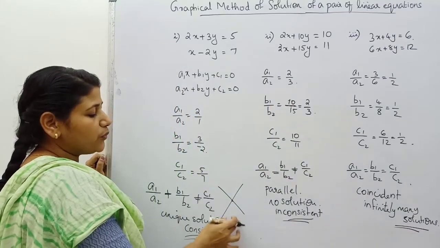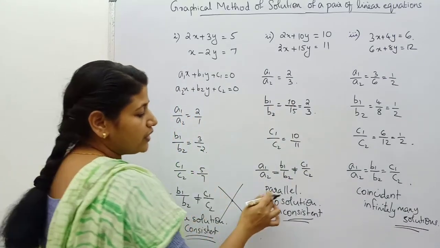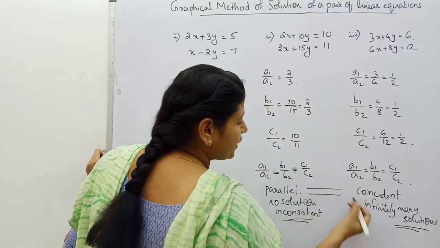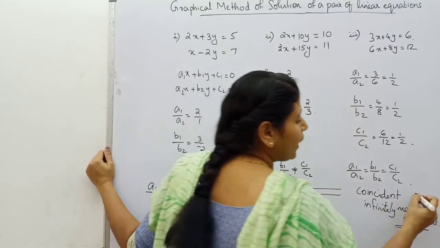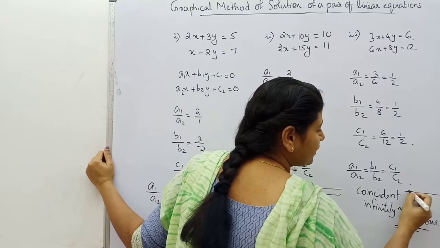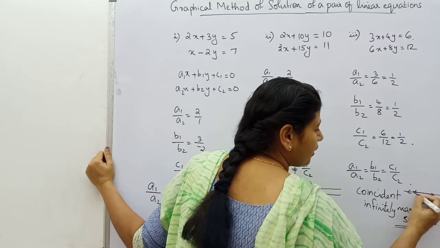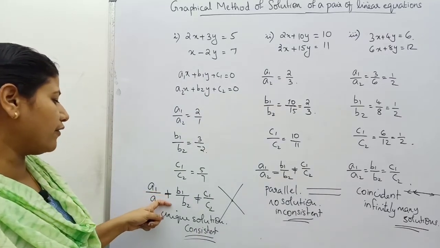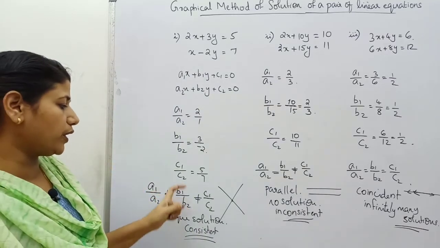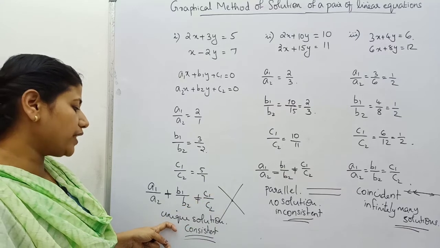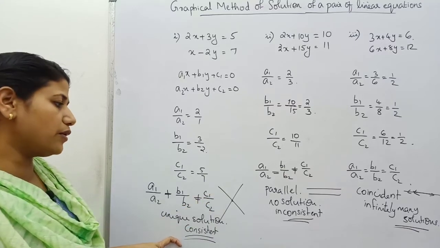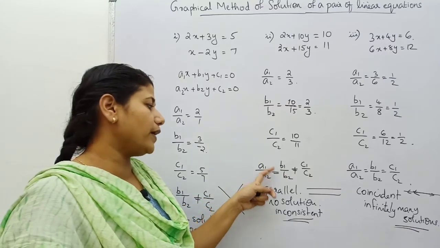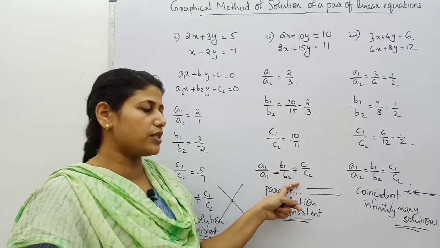These are two lines which meet at one point. These are parallel lines, so we cannot find any solutions. Here two lines are coincident. One line is like this and the other line is like this. So if you have a1 by a2 not equal to b1 by b2, then a unique solution is there. It is a consistent solution. And what about a1 by a2 equal to b1 by b2 not equal to c1 by c2?